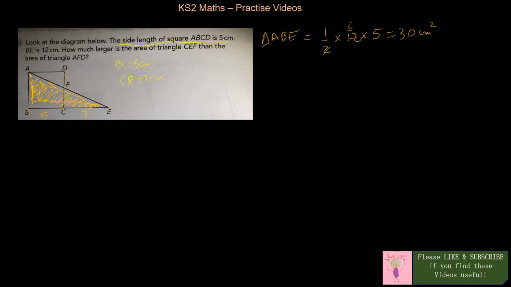Now, if you look at the area of the square ABCD, that equals 25 centimeters square.